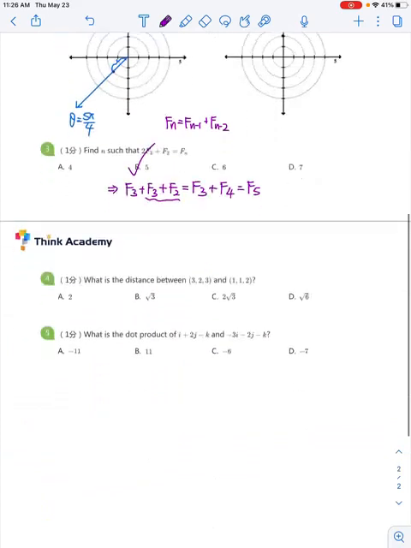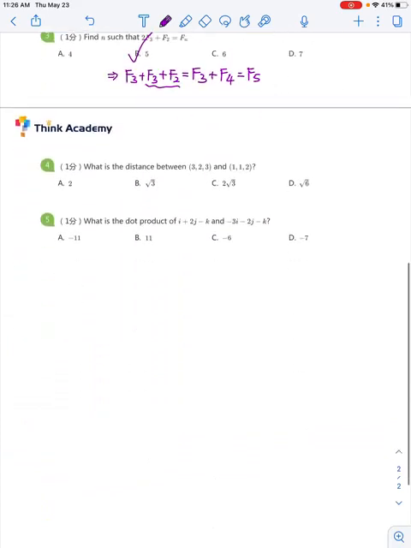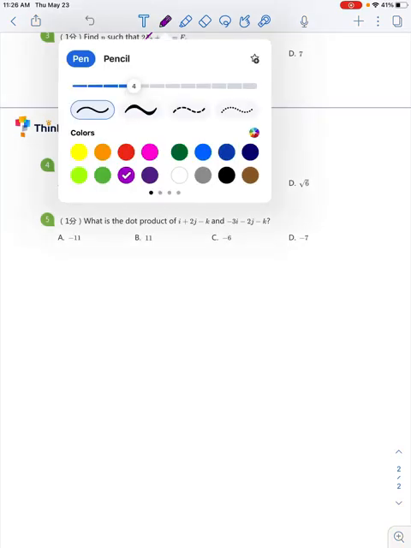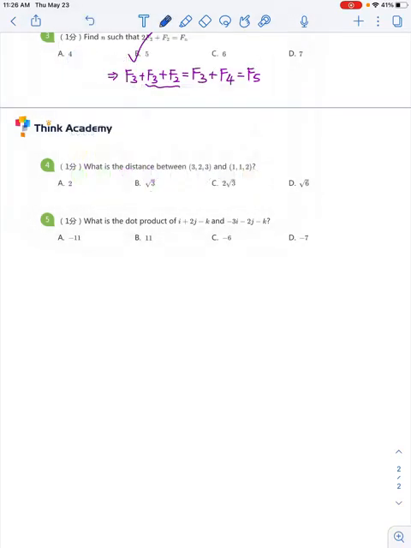Okay, and now for the next two questions, we have some problems about three-dimensional coordinates. Let's take a look at the first one. Here we are trying to find the distance between these 2 points in the three-dimensional coordinate system. To think about this one, you can also use three-dimensional geometry. Let me just label the points here.